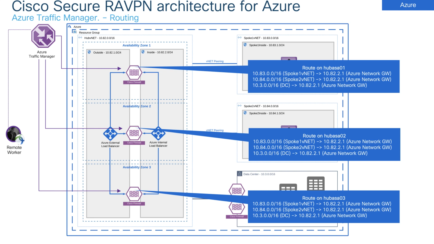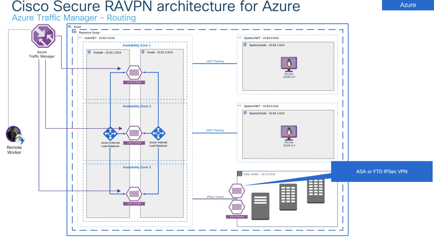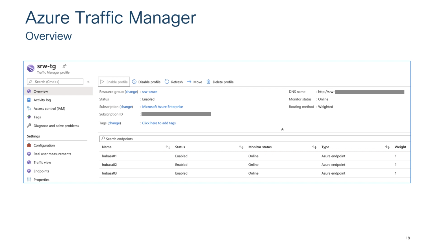The second route is for the spoke 2 VNet, which is 10.84.0.0/16, which goes again to 10.82.2.1, which is the Azure network. And then I have a route going back to the data center as well. The same kind of routes are added on each firewall. Then I have IPsec terminated on ASA or FTD and going back to the data center.